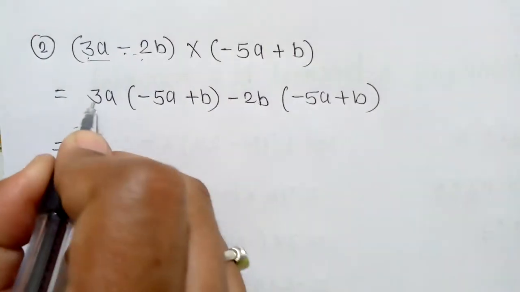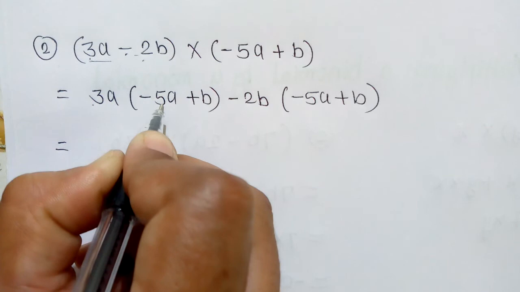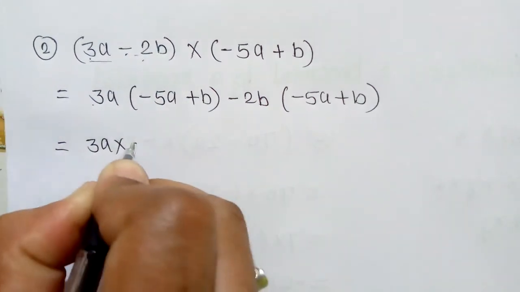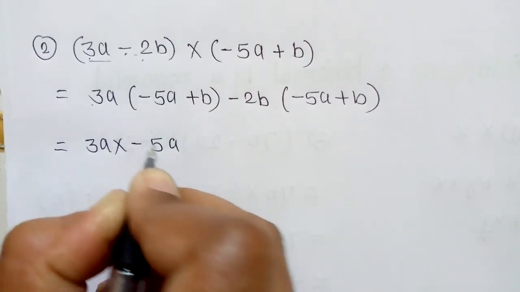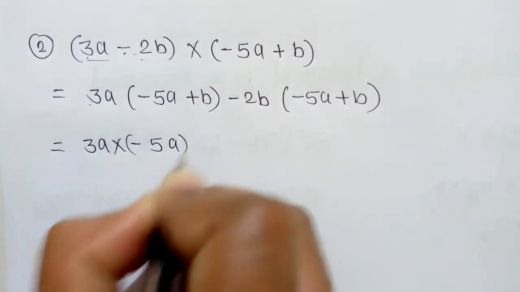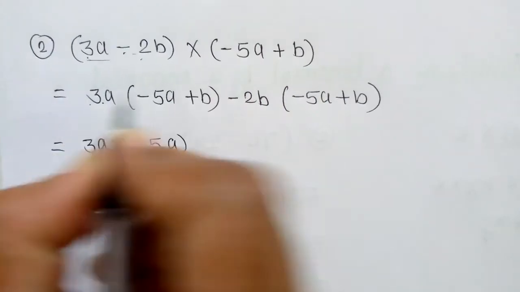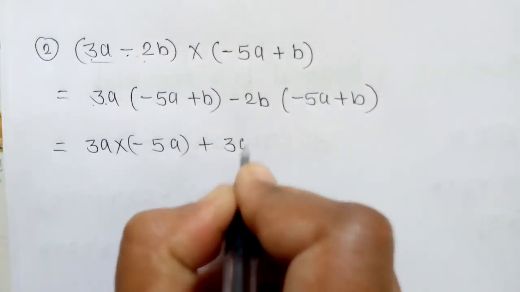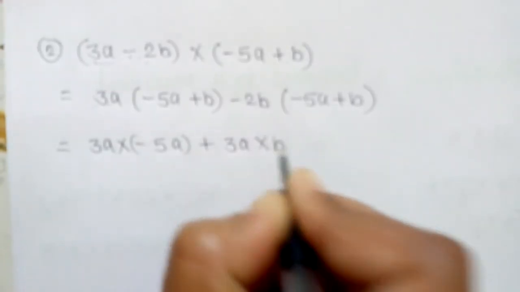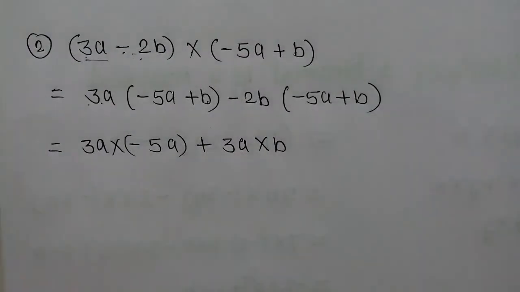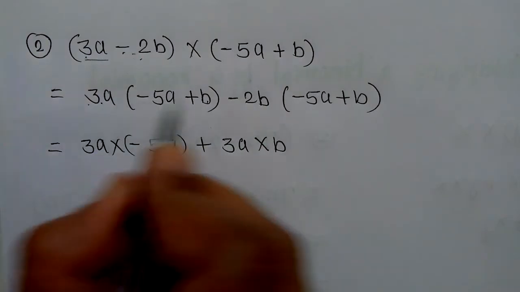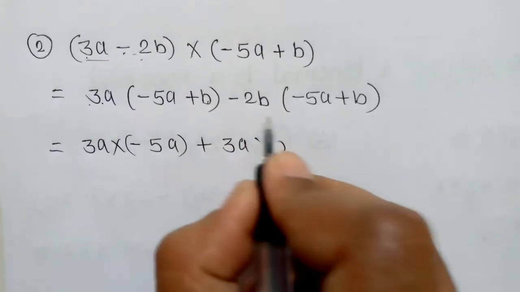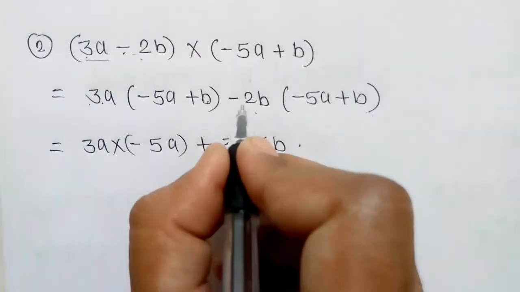Now multiplying this monomial to this binomial. So it will be 3a into negative 5a. Now 3a into b. So it will be 3a into b. Now this multiplication is finished here. Now this second one, negative 2b. We have to take it with sign.